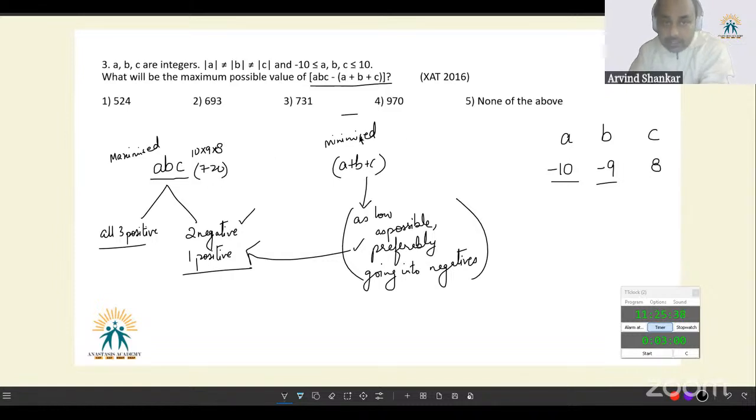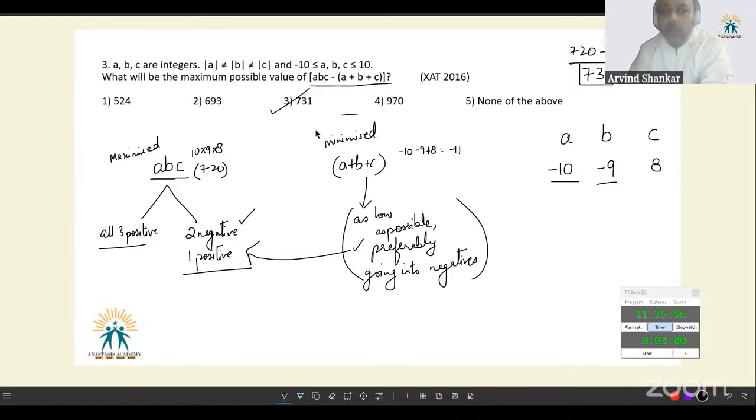And minimized sum of ABC would be minus 10 minus 9 plus 8, which gets us to minus 11. And because we are doing 720 minus of minus 11, we get to 731. And this is the answer.